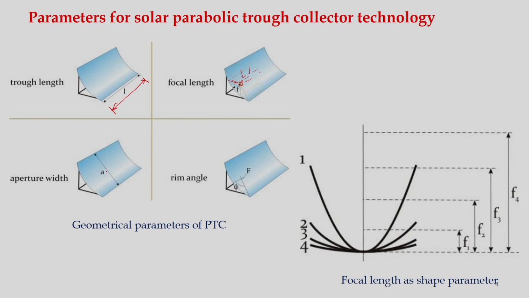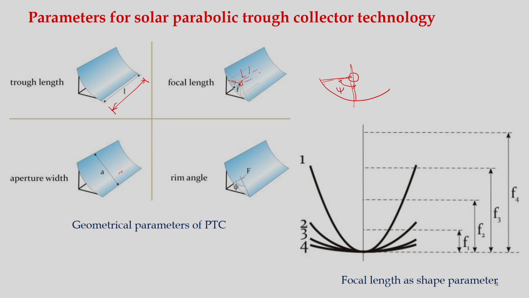And we have the aperture. This is the aperture width, sometimes we represent it as W. Okay. So, this is the aperture width, and then the rim angle. If we draw it something like this, and if we make this trough, and we take the outermost part and half of the trough, this is nothing but the rim angle. Sometimes it is represented as phi.